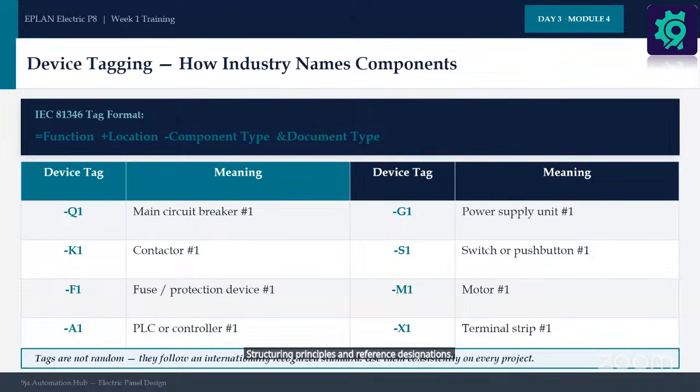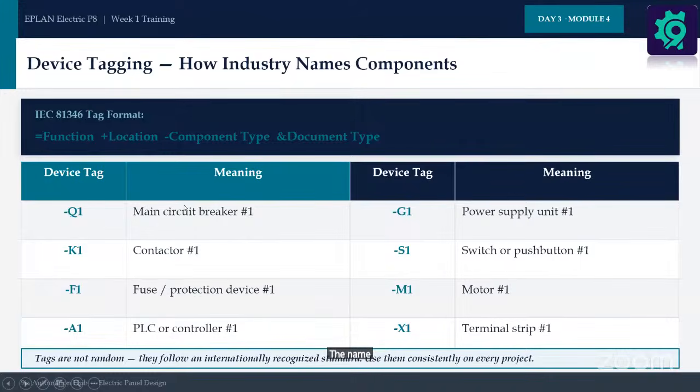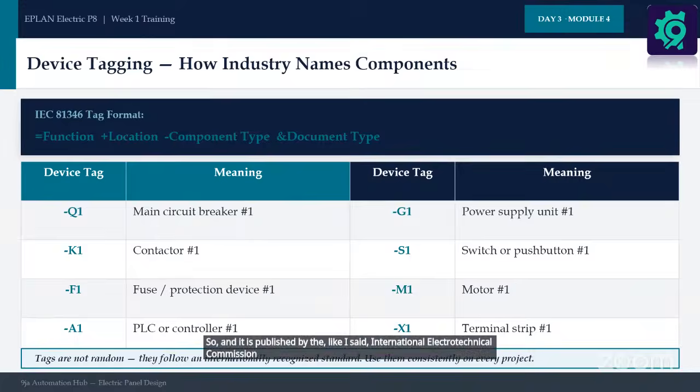So when I mean designation, it means the name you are giving to what you are using that component for, what particular function it is doing. It is published by, like I said, the International Electrotechnical Commission, and is the globally recognized framework for how engineering objects, components, systems, functions, locations, and all of that are designated.